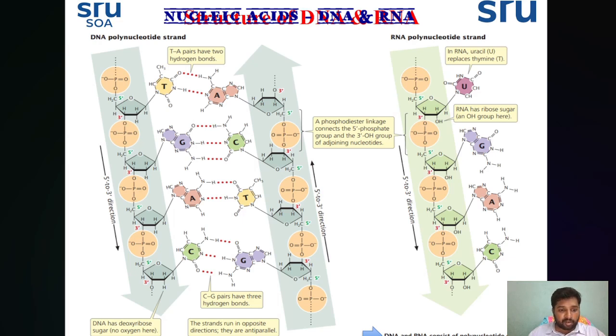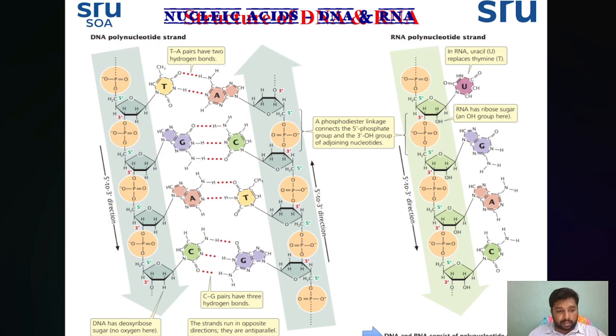These bonds are called phosphodiester linkages, which are strong covalent bonds, and the negative charges of the phosphate groups are frequently neutralized by the association of positive charges of proteins and other molecules. An important characteristic of a polynucleotide strand is its direction, I mean its polarity. At one end of the strand, a free phosphate group is attached to the 5 prime carbon atom of the sugar in the nucleotide.